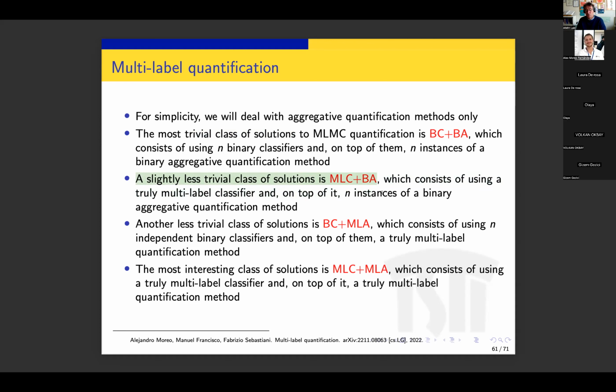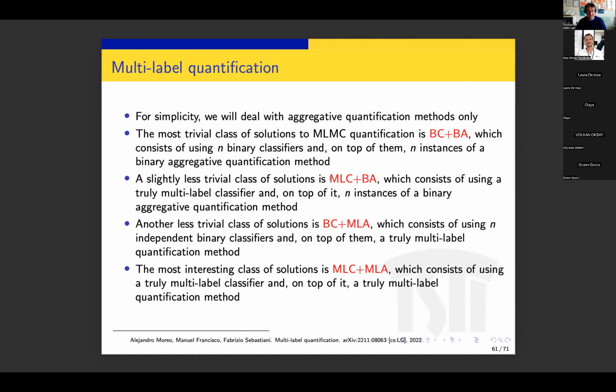But essentially, you take one of these classifiers, and on top of it you use binary aggregative quantification methods. This is possible because a truly multi-label classifier returns exactly the same type of output as a set of binary classifiers, that is, individual class predictions for all of the documents.